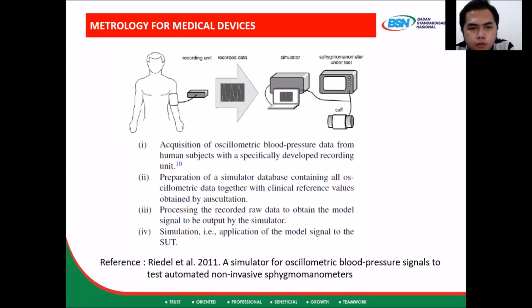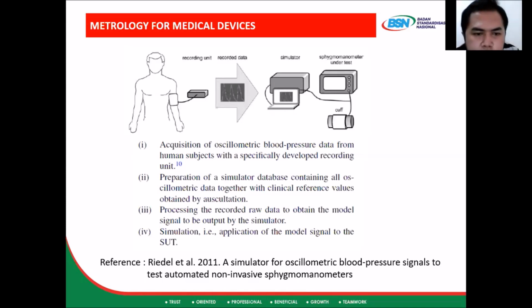With the recording unit, we can acquire blood pressure data from many human subjects with different classifications, different blood pressure, age, male or female, according to the ISO document.